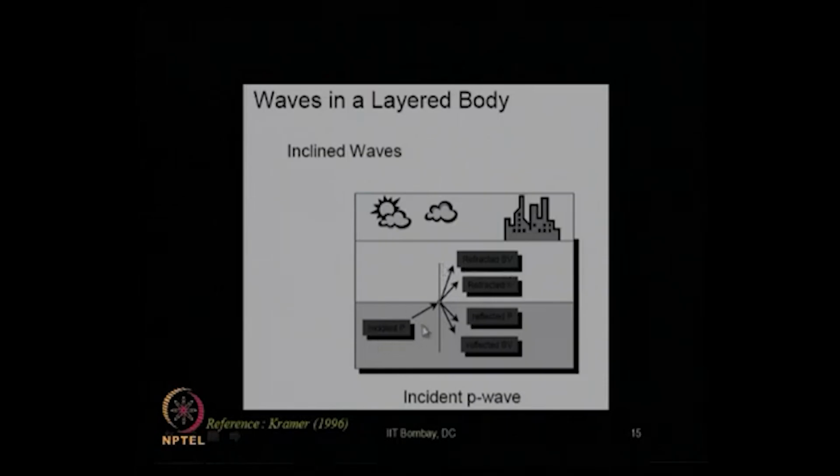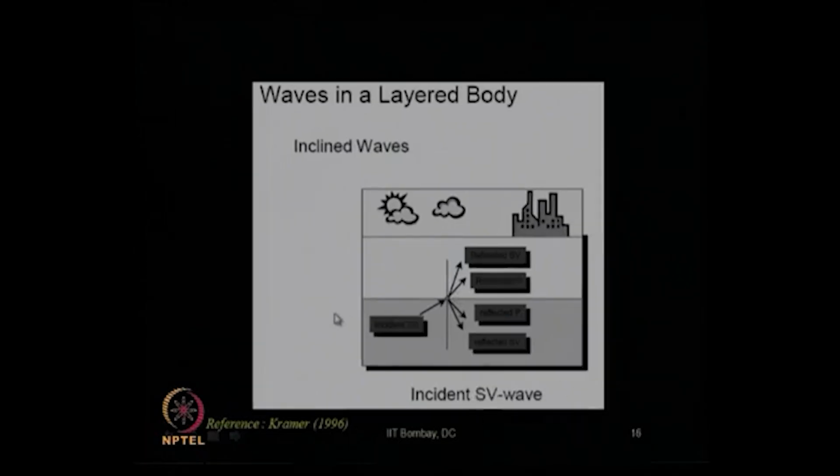That means, when the incident P wave is inclined and meets the boundary of two materials like this, it not only remains as a P wave, it also creates SV waves in both the media. And when we have an inclined incident SV wave, similarly it generates the same reflected SV wave and transmitted SV wave, but in addition it generates a reflected P wave and a transmitted or refracted P wave also.